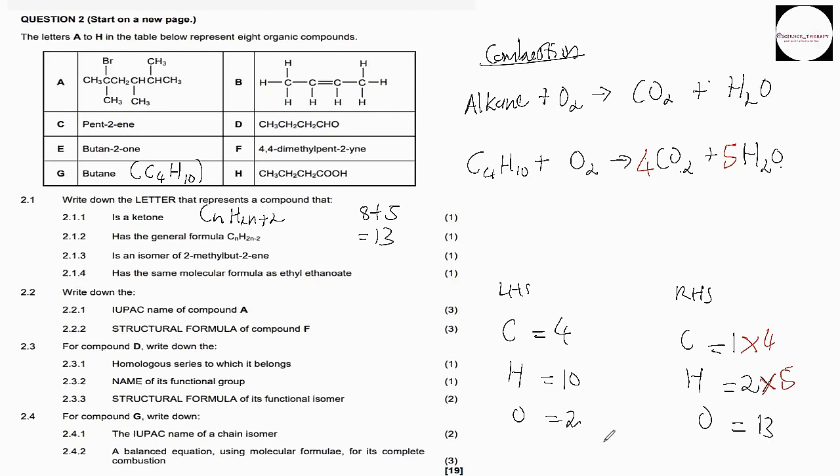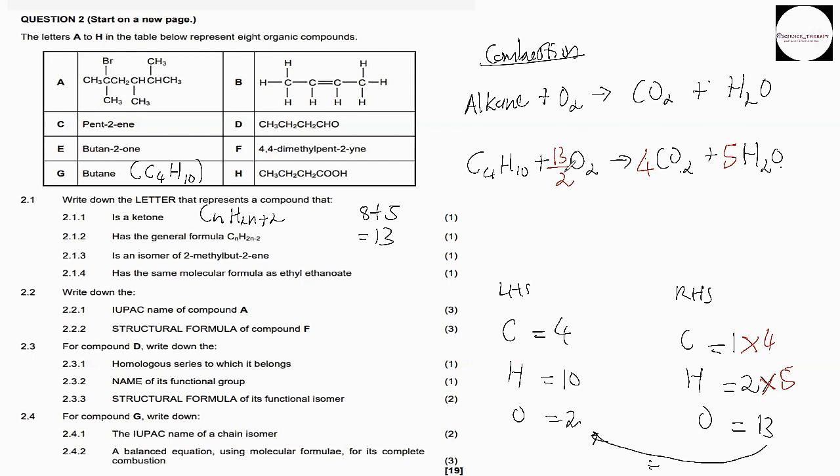But what integer value can I multiply 2 by so that I get 13? 13 is an odd number, so there's no integer that I can multiply with 2 to get that odd number. So what am I supposed to do? I'm supposed to take the 13 and divide it by 2, which gives me 13 over 2, and I put it here. But remember, I cannot balance with a fraction.